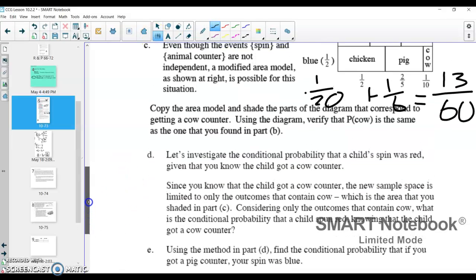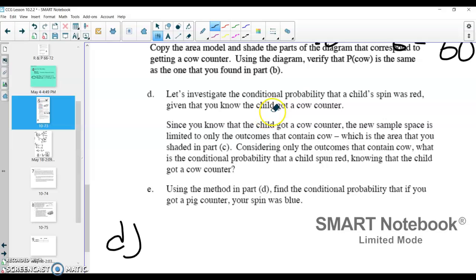And so in part D here, it says, now we're going to investigate some conditional probability. So we're going to investigate the conditional probability that the child's spin was red, given that you know the child got a cow counter. All right, so it changes our sample space. So we'll just keep going with what it says here.